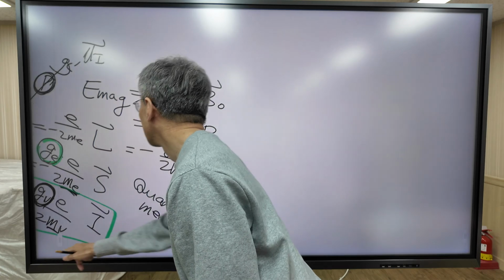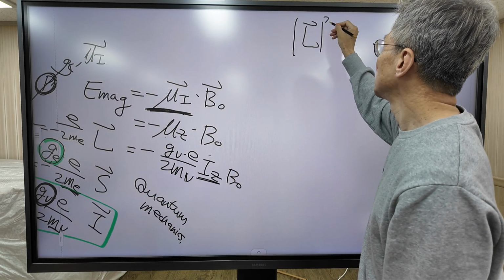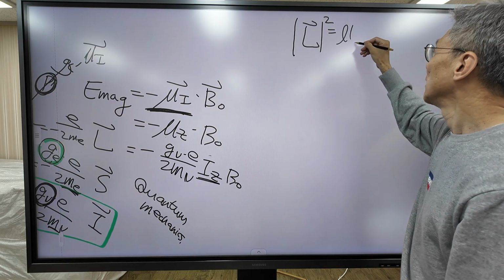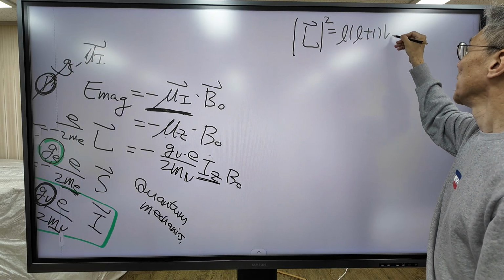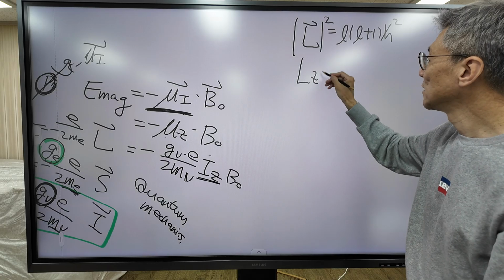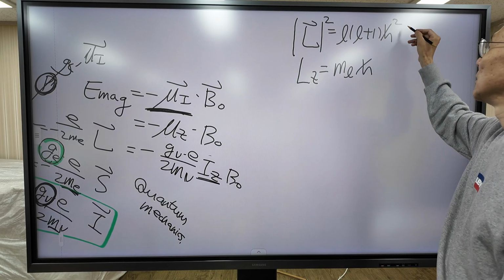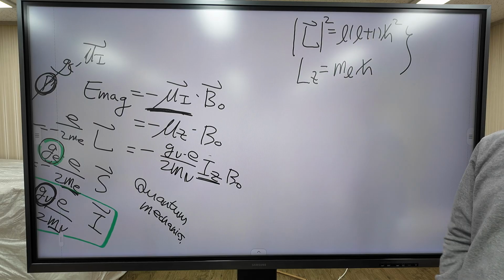angular momentum amplitude is restricted to square root of l(l+1) h bar, and angular momentum in the z direction is restricted to ml h bar. You may remember this formula.